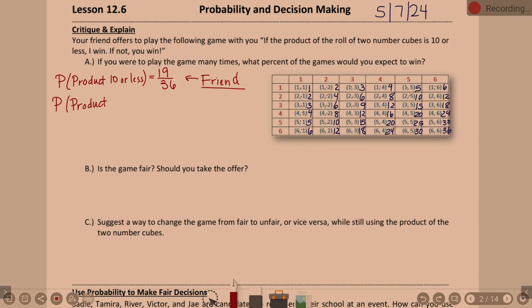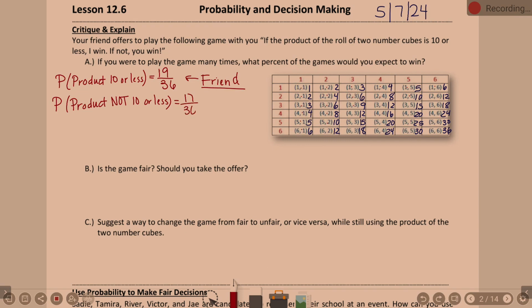You guys are probably going to say more than 10. Logan used the idea of 36 minus 19, because if there's 19 that are 10 or less, the other 17 are going to be not 10 or less, so more than 10.